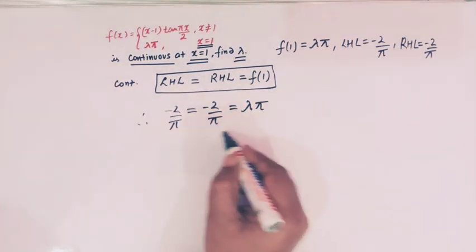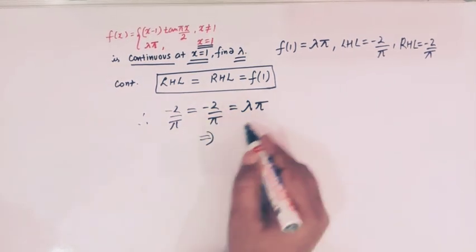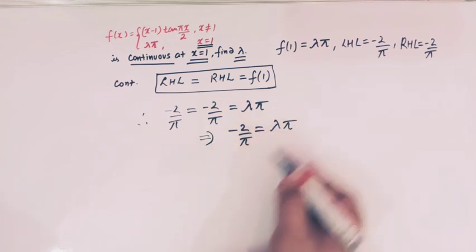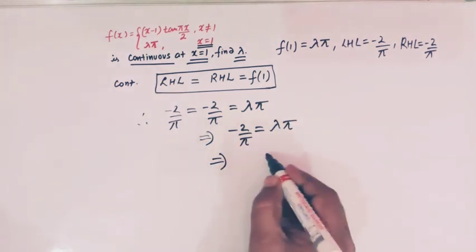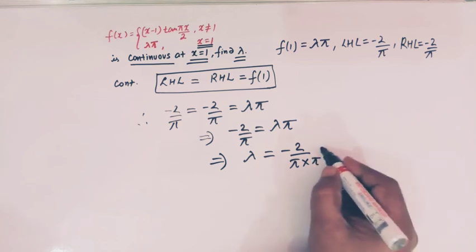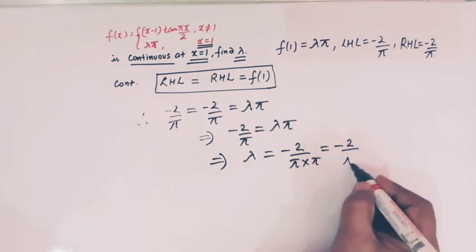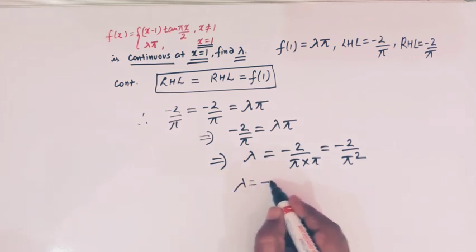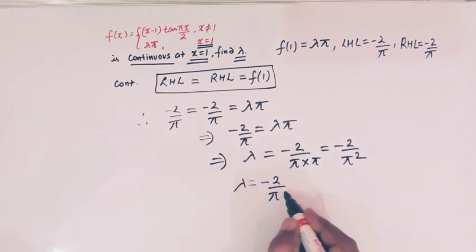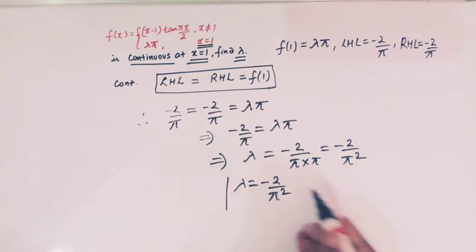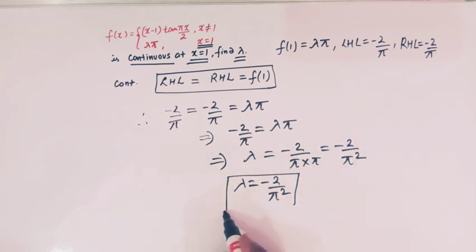So now from here we have the relation minus 2 over pi is equal to lambda pi, that is lambda is equal to minus 2 over pi multiplied by 1 over pi, that is minus 2 over pi square, right? So the value of lambda is minus 2 over pi square, right?